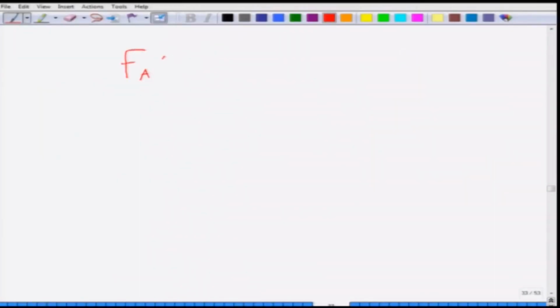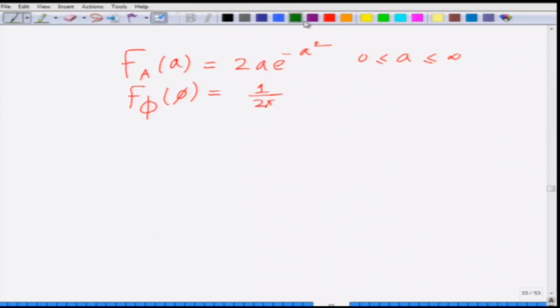Therefore, f of a equals 2a e to the power of minus a square, within the limits 0 less than or equal to a less than or equal to infinity, and f of phi equals 1 over 2 pi between the limits minus pi less than phi less than or equal to pi.